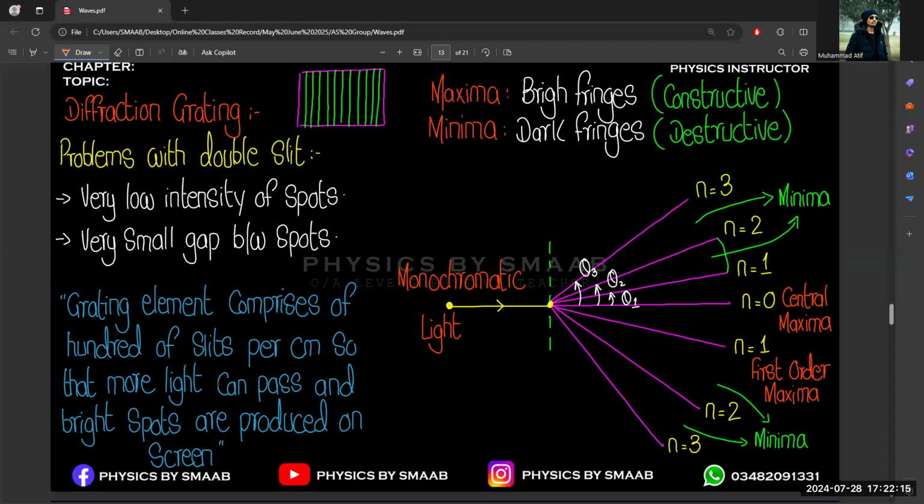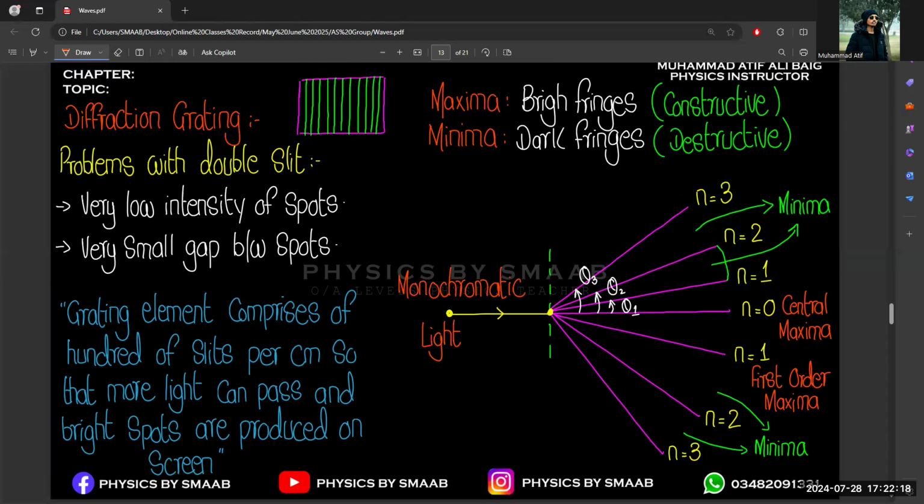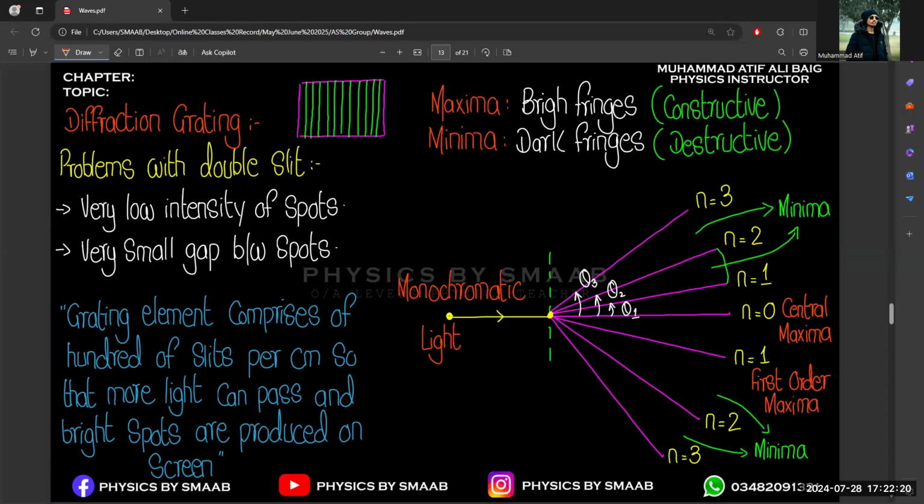Okay, so this is the experiment. This is the idea of why and how we use this diffraction grating to perform the experiment of interference. And we got dark and bright fringes on the screen.